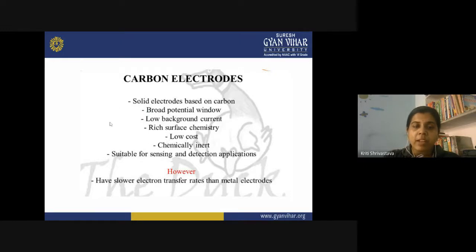Due to all these characteristics, they are suitable for sensing and detecting applications. The only problem with the carbon electrode is they have a slower electron transfer rate than the metal electrode, and that is basically due to the low conductivity of the carbon material as compared to a metal.